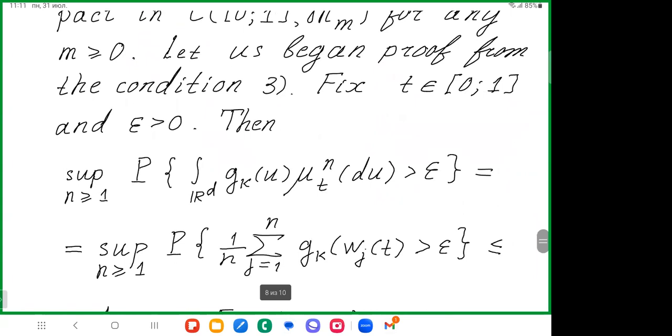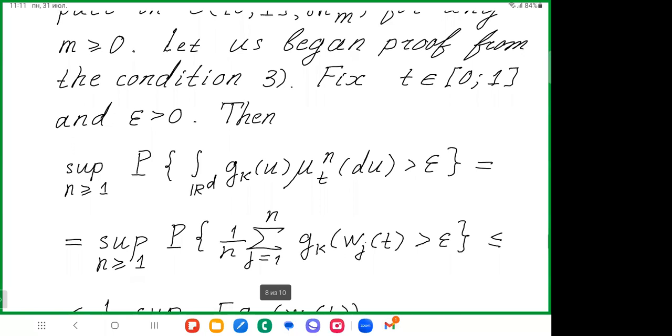As we discussed at the beginning of the lecture, mu_t consists of delta measures, and the integral of a continuous function with respect to a delta measure is the value of this function at this point. So we have such a supremum that 1/n times this sum of j_k(W_j(t)) is greater than epsilon.